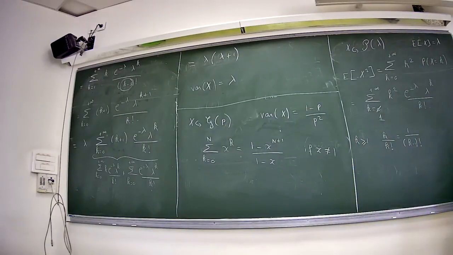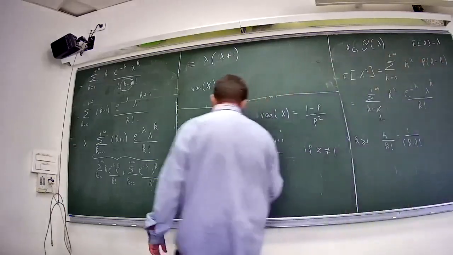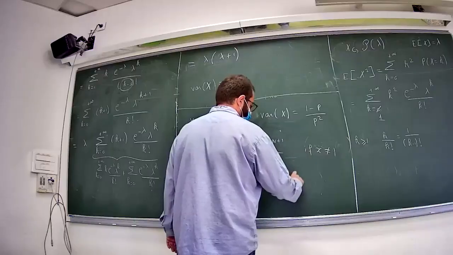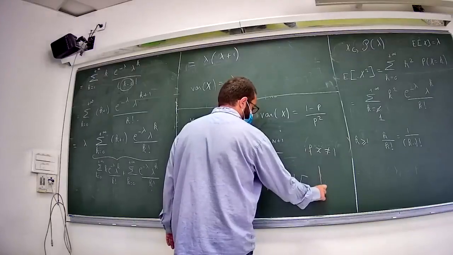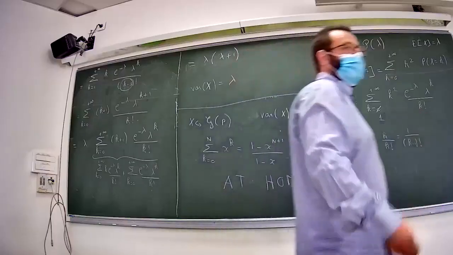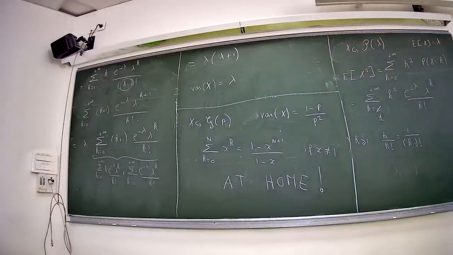Okay? So at home, and you have the result. Okay. So we have the values in our classical cases: uniform, Bernoulli, binomial, Poisson, geometric.